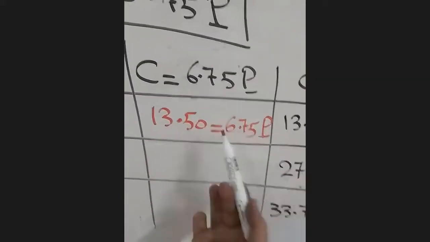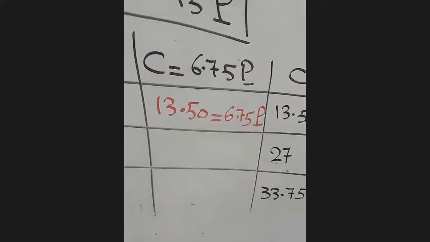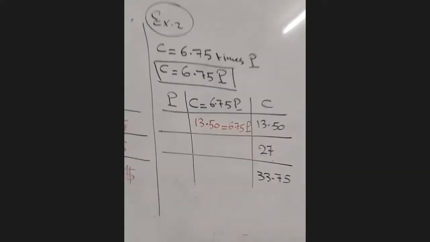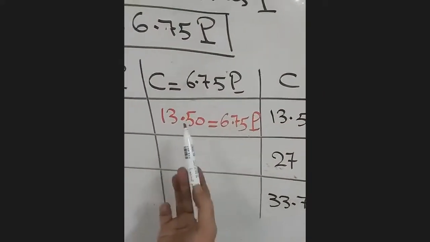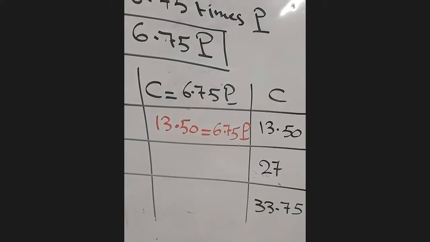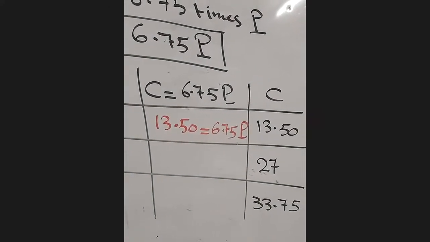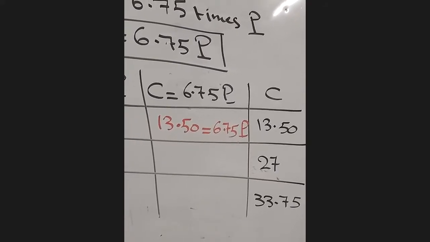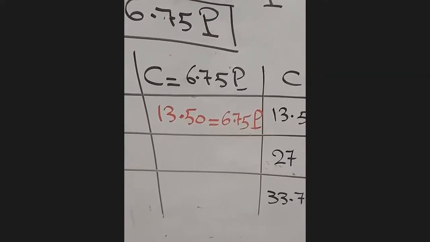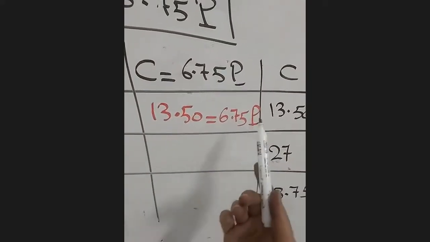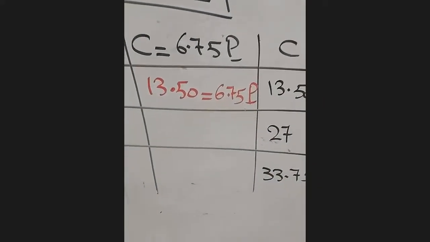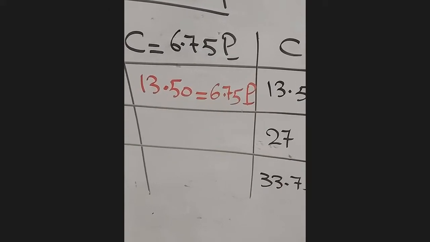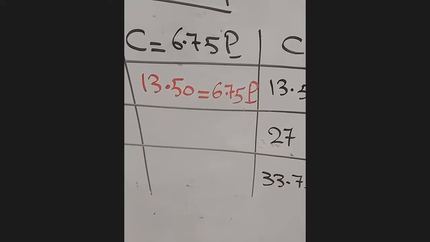What do we have? What's this? An equation. What's the type of this equation? The type, the kind of this equation. Where did we take it?